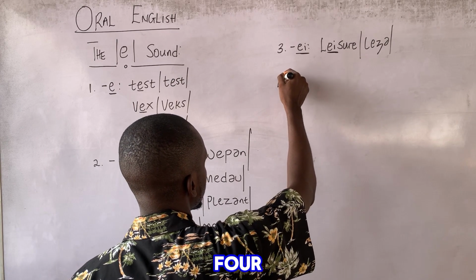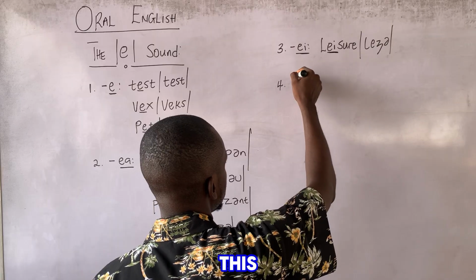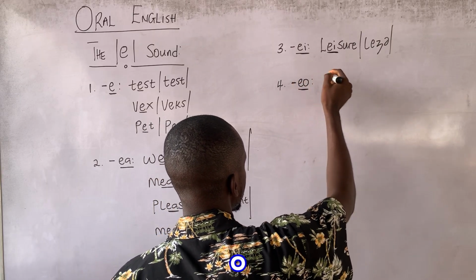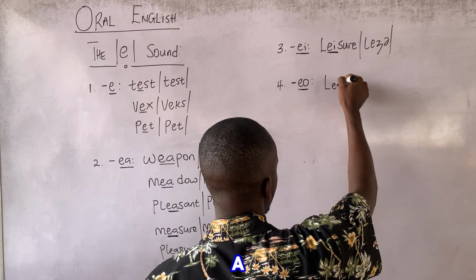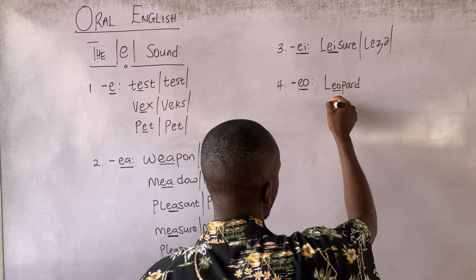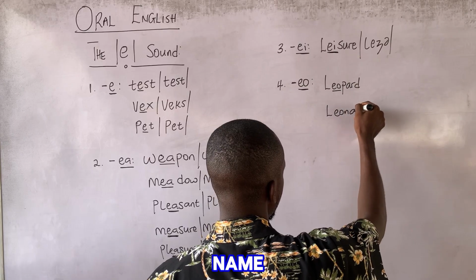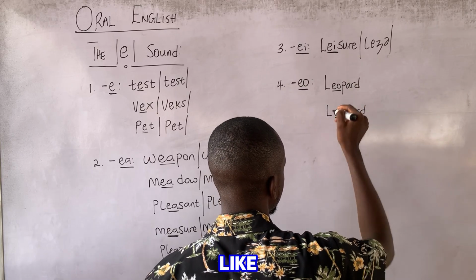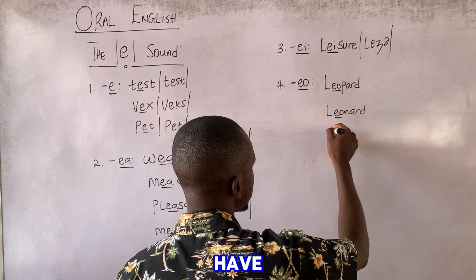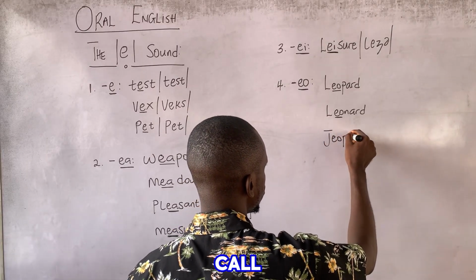Number 4, let's call these letters EO. So I will have a word like the animal, the leopard. I will have a name like the boy, Leonard. I will have a word we call jeopardy.